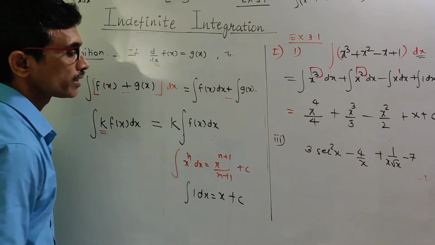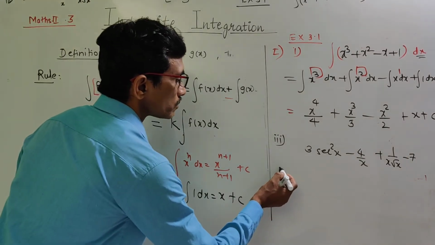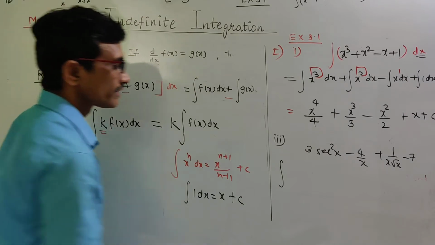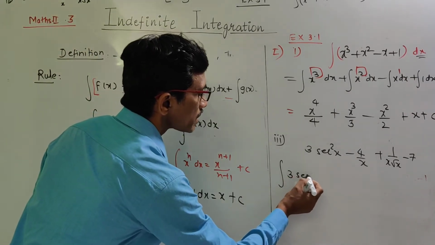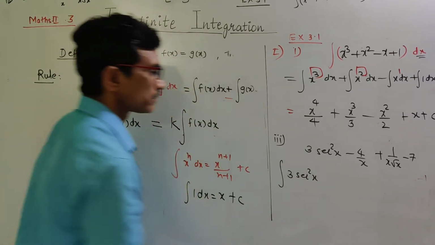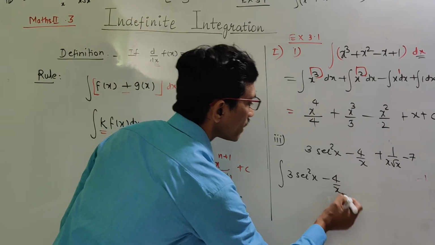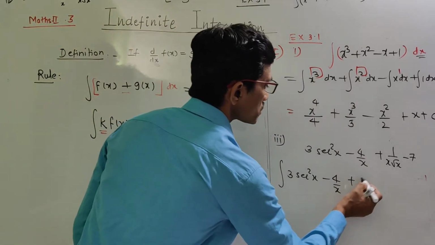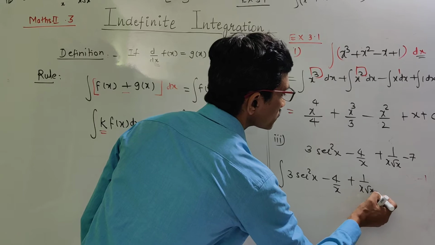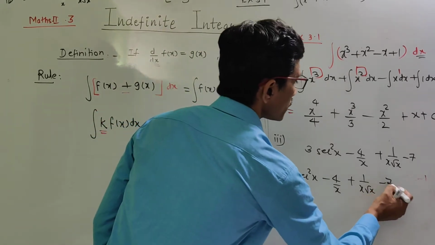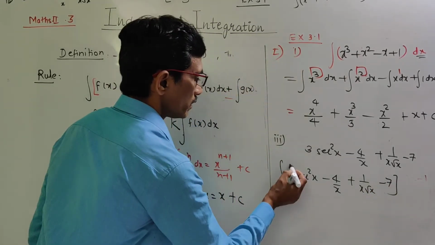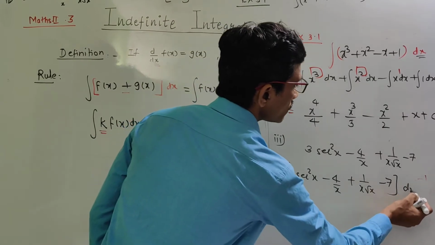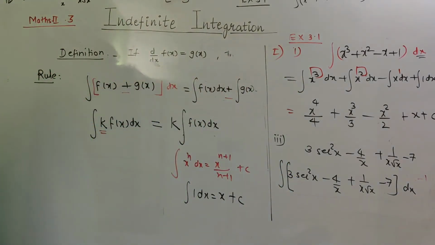So write this in integration sign. हमको integration sign में लिखना है इसको. So it is integration of 3 sec square x minus 4 upon x plus 1 upon x root x minus 7 dx, and we separate it.